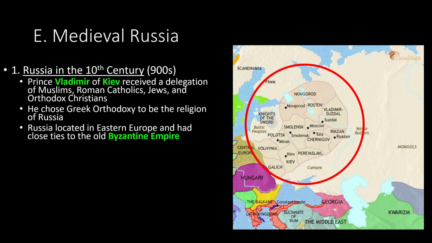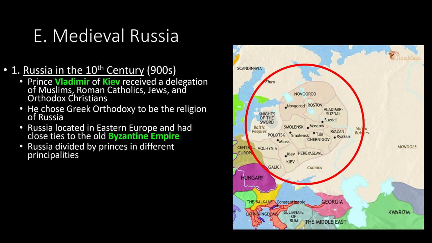And the Western Empire was the Roman Empire. Eventually, the Roman Empire gets invaded and falls apart, and the new power is the Byzantine Empire, which is just the Eastern Roman Empire that Constantine set up. So anyway, Russia is located in Eastern Europe, and they had close ties to this old Byzantine Greek Empire. Traces of it are still around.